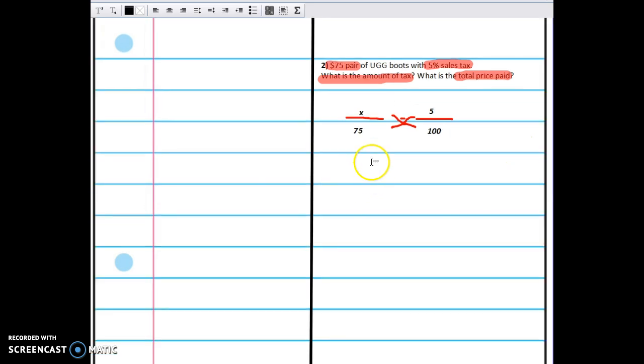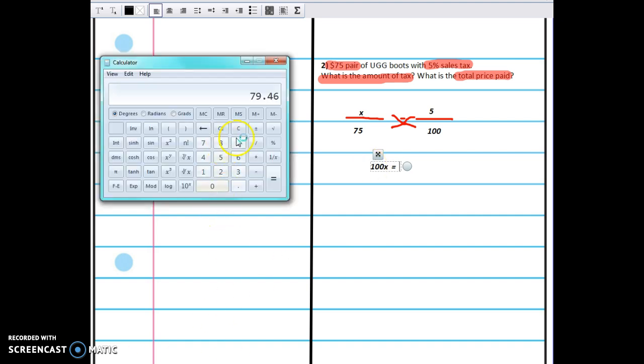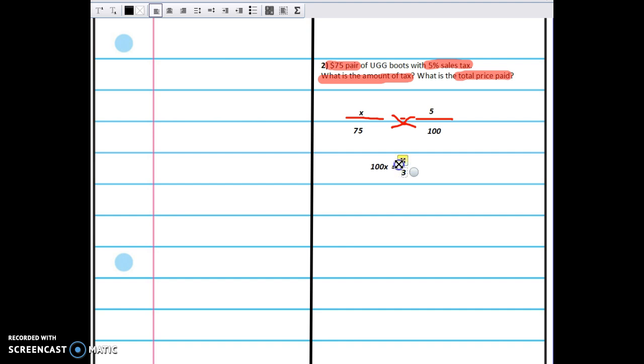So we have 100 times x, because we cross multiply, is equal to 75 times 5, which gives you 375.